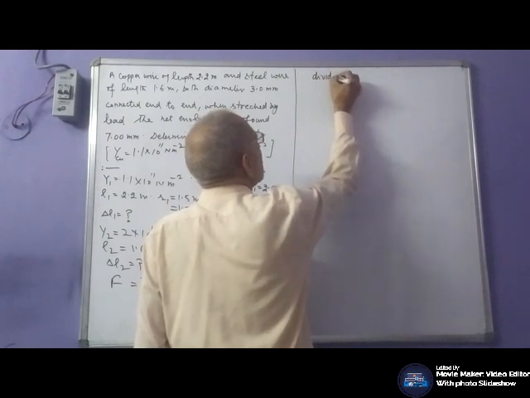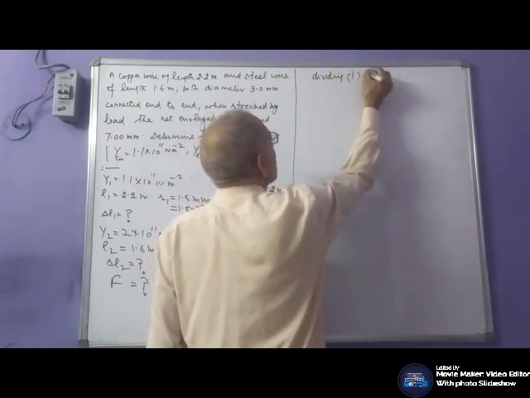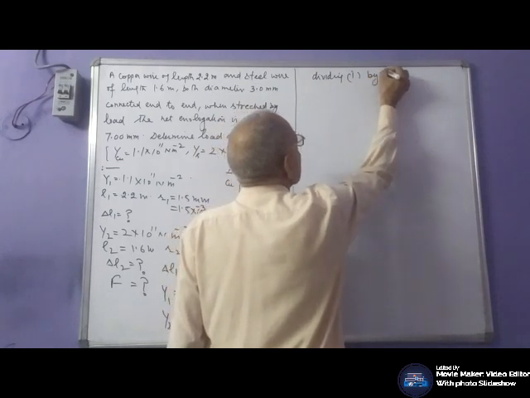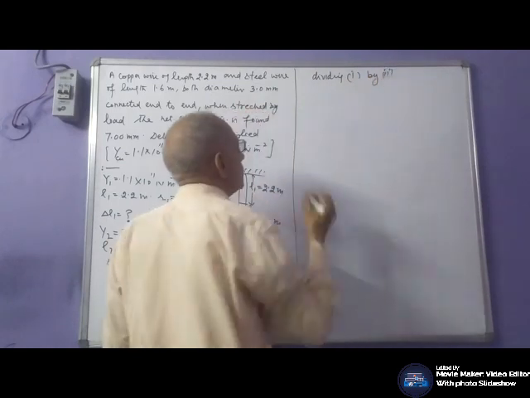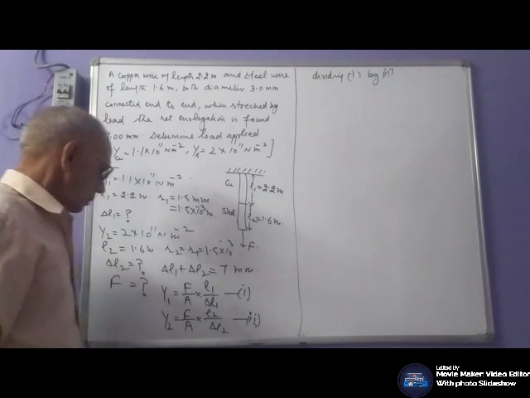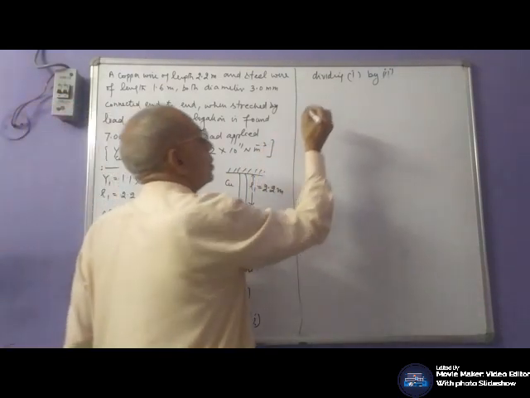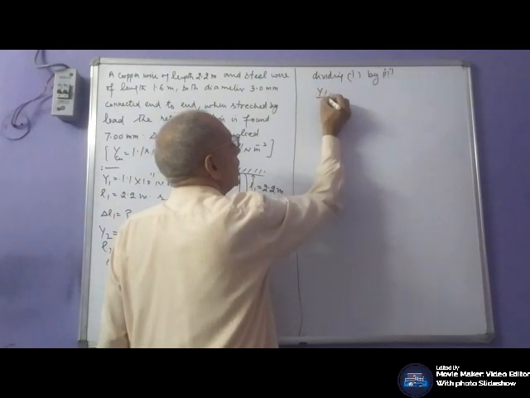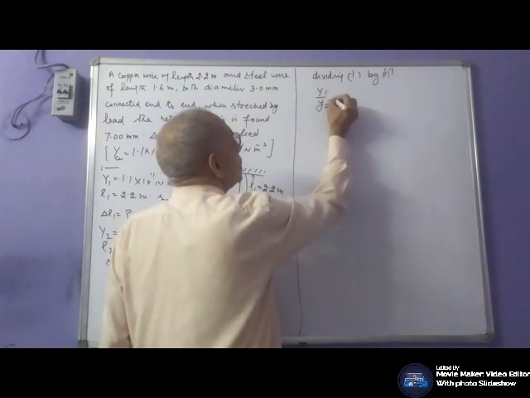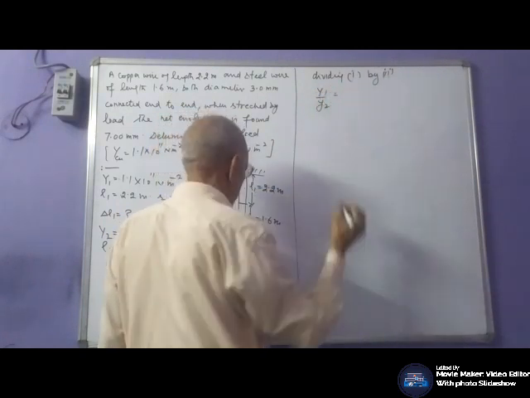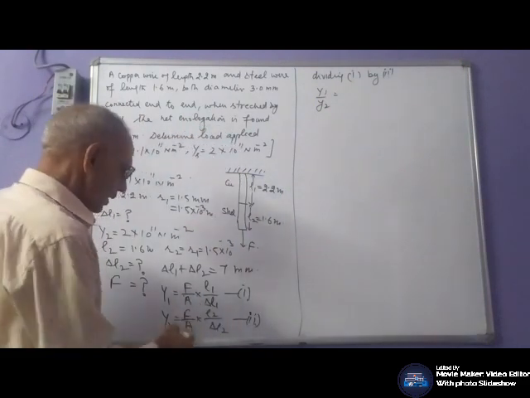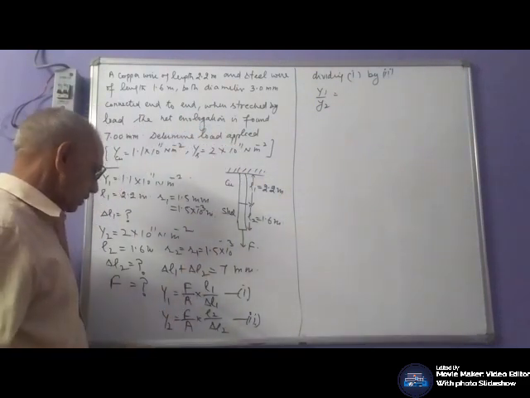Dividing first by second, Y1 by Y2. F by A cancelled in both cases.